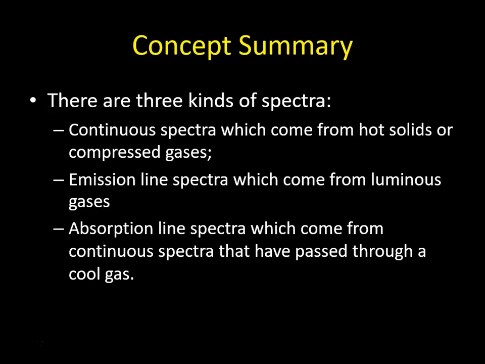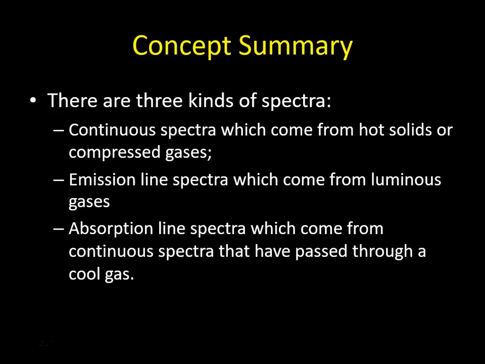And continuous spectra, that is blackbody spectra, come from hot solids or compressed gases. And when you have something like that, you can determine the temperature of the solid or the compressed gas by fitting a blackbody curve to it, finding where the wavelength of peak intensity is, and fitting that into Wien's displacement law. Emission line spectra come from luminous, somewhat diffuse gases.